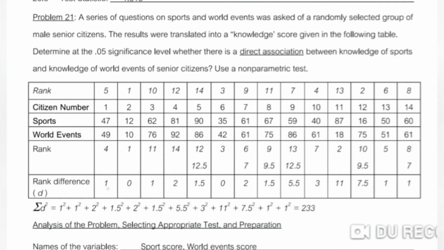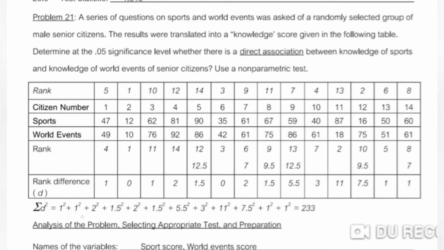Therefore, the last row: 1 square plus 0 square plus 0 square plus 1 square plus 2 square plus 1.5 square plus 0 square plus 2 square plus 1.5 square plus 5.5 square plus 3 square plus 11 square plus 7.5 square plus 1 square plus 1 equals, here you get 233.